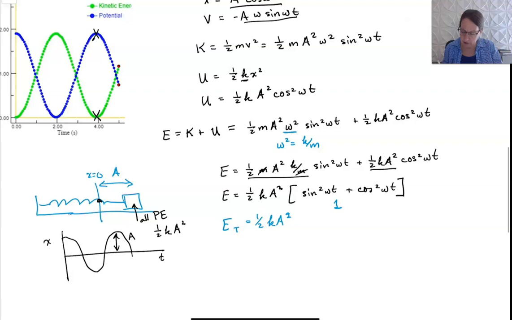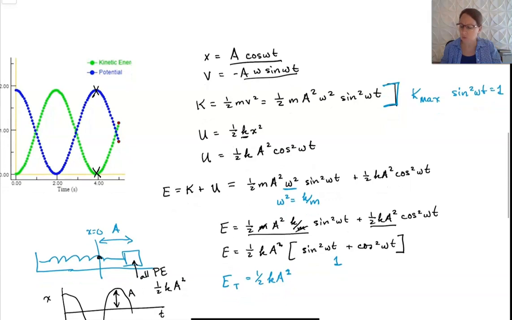which we can write certainly as this, the maximum kinetic energy here. If I look at this equation right up here, KE max is when sine squared is equal to 1, because that's the biggest sine can be.